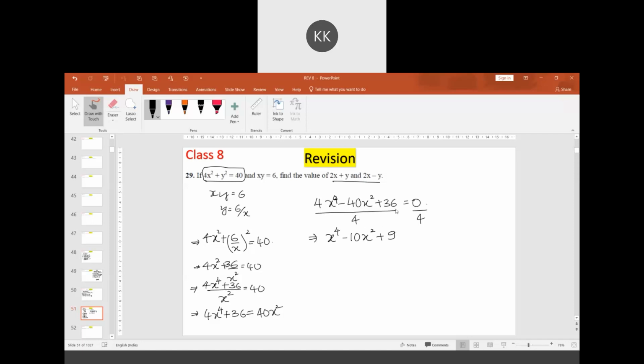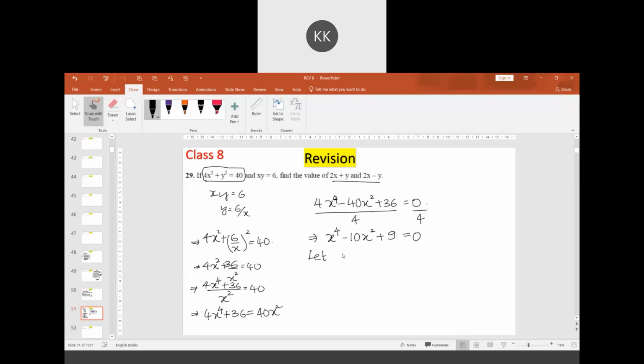Why are we dividing by 4? Since 4 is common in all the terms in the numerator, 4 is taken as common, and 0 by 4 will become equal to 0. Instead of writing it that way, I have said we can divide both sides by 4. So we got an equation here.